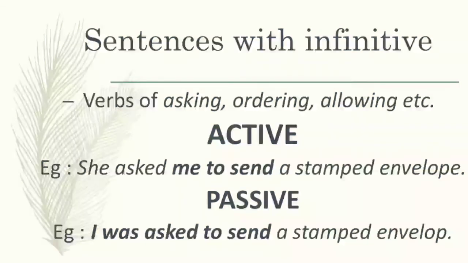She asked me to send a stamped envelope. I was asked to send a stamped envelope. Because it is asked, we can make it passive. Like, she was told not to come back. We are allowed to visit Bombay, Delhi, whatever it is. So such verbs carrying this meaning, like asking, ordering, allowing, can be made into passive sentences.